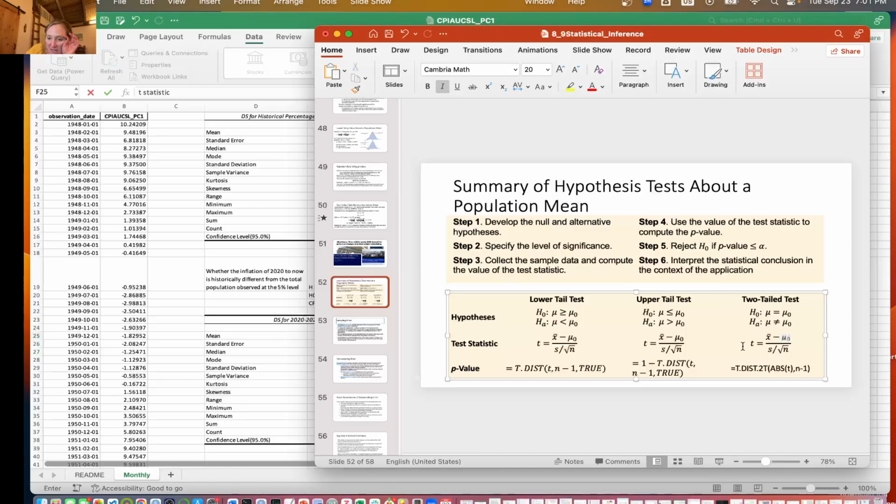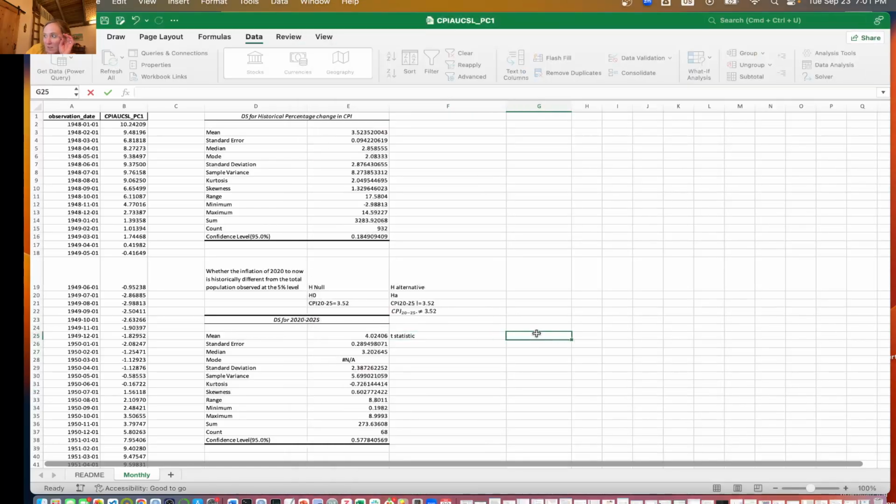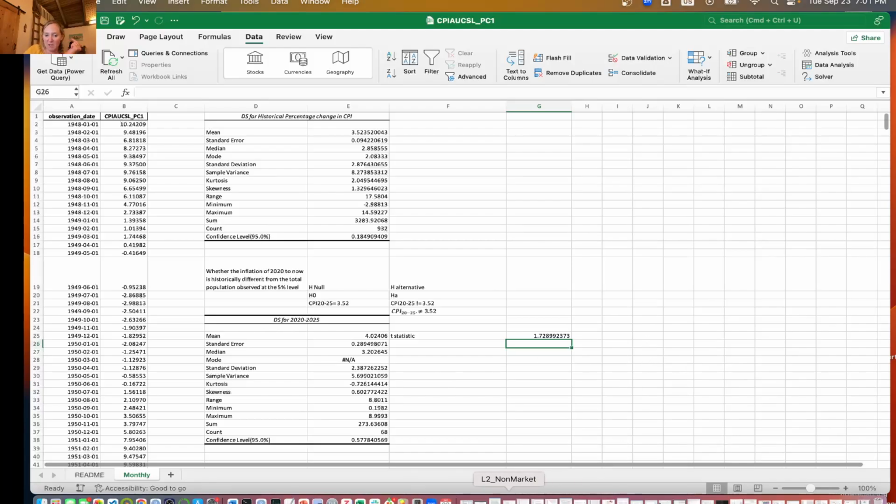So our t-test statistic here is going to be, okay, equals our mean minus the observed mean all over the standard error of the sample that we took. That gives our t-test 1.72. That's kind of low. It's going to be really squishy whether or not we get significance of our p-value.